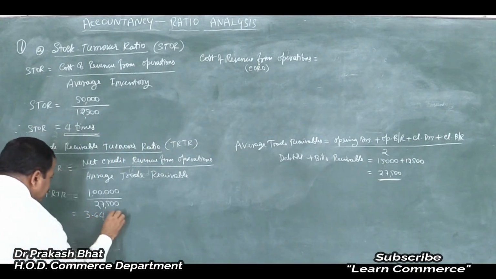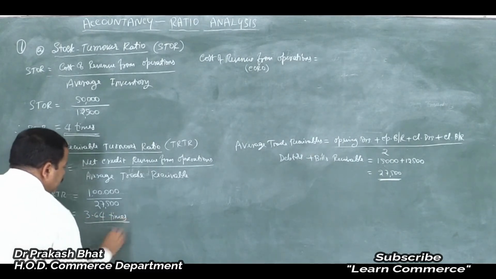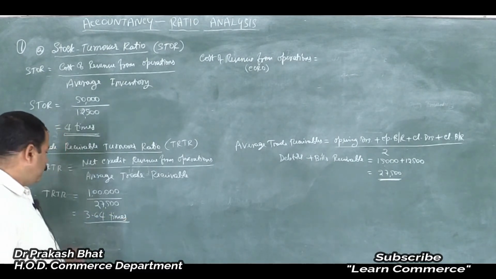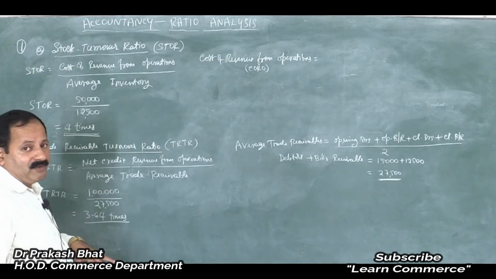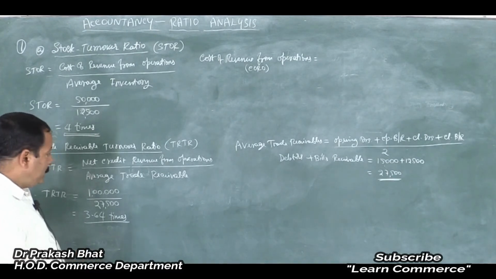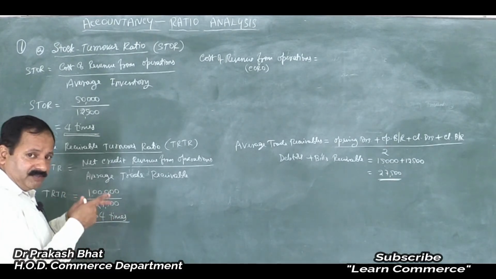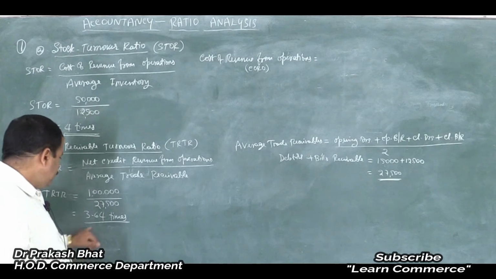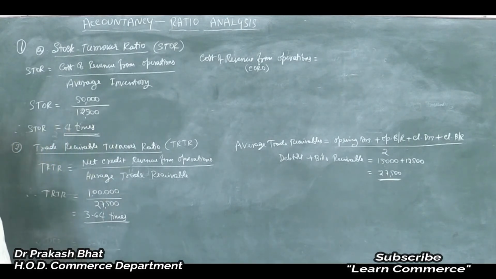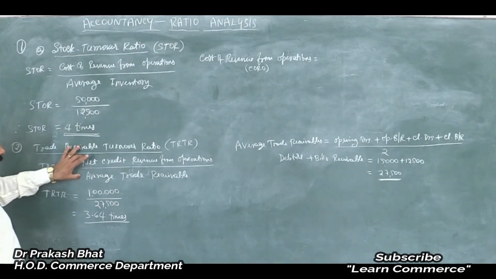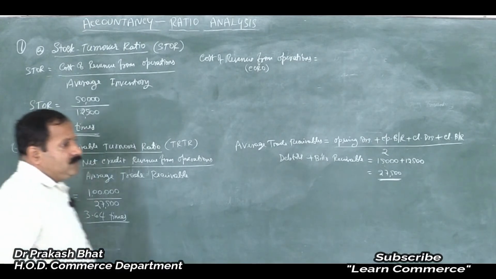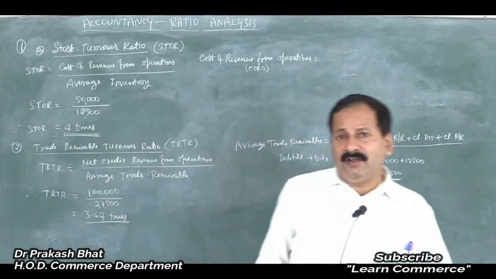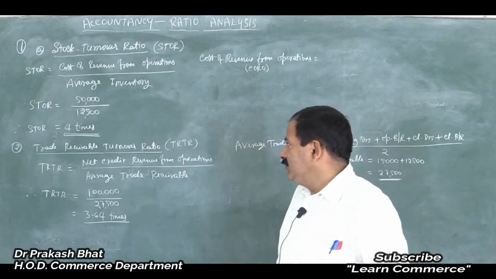3.64 times. When turnover is to be found out, then represent it in the form of times, not as is to 1. Remember, when you compare two figures, then you have to write it as is to. Here you have to write times, number of times. So the meaning is, trade receivable turnover ratio is the average collection time, isn't it?